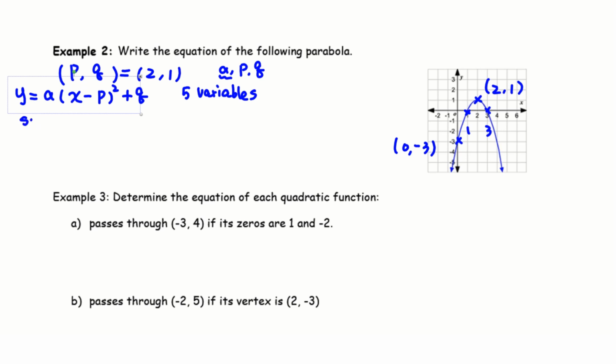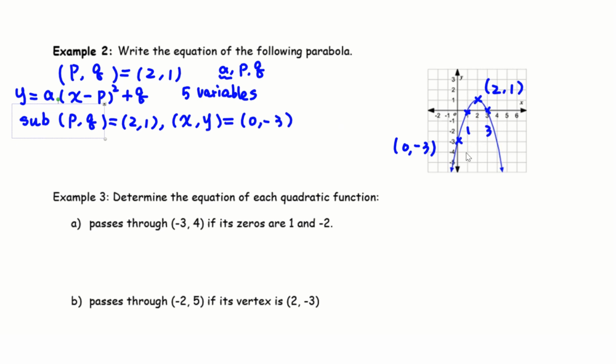So we are going to sub PQ is (2, 1). Then for XY, we can pick any point on the graph other than the vertex. So we could pick (0, -3).